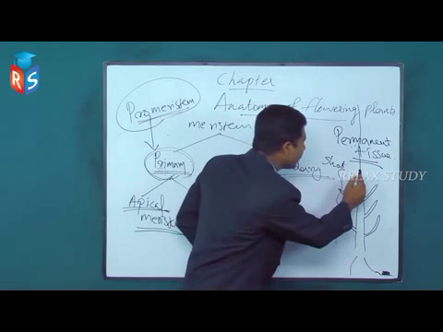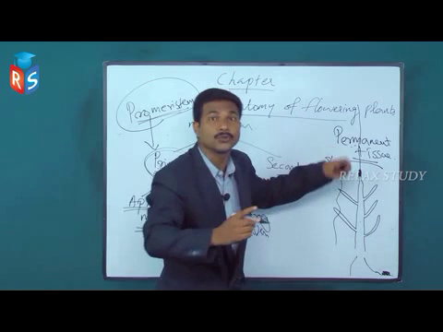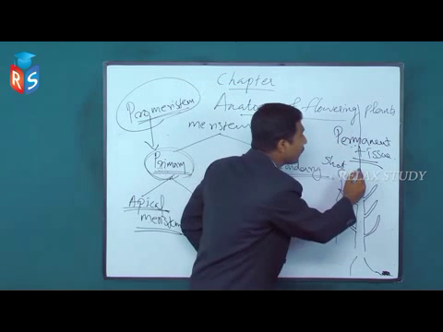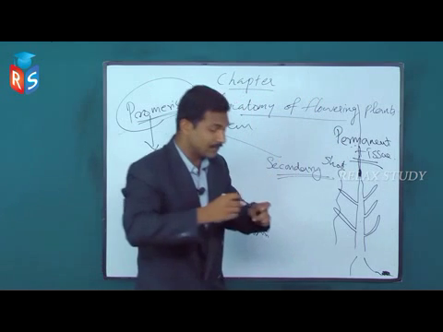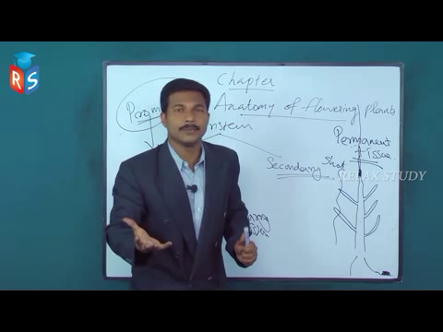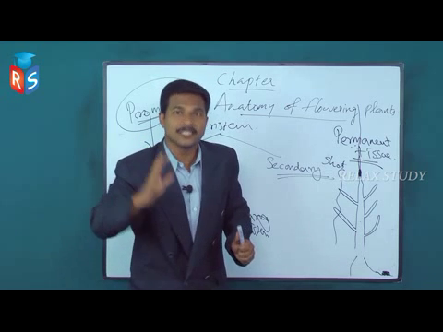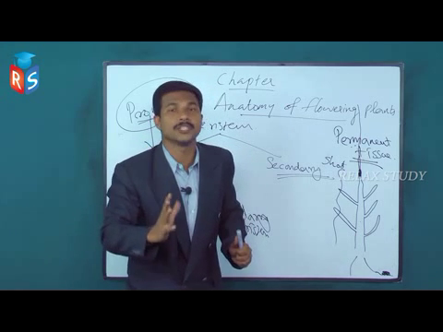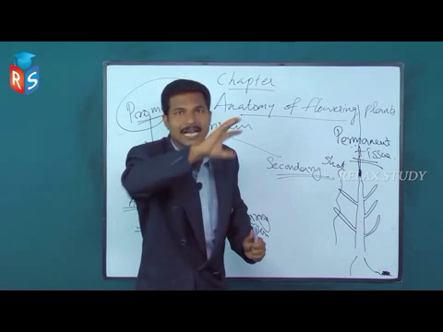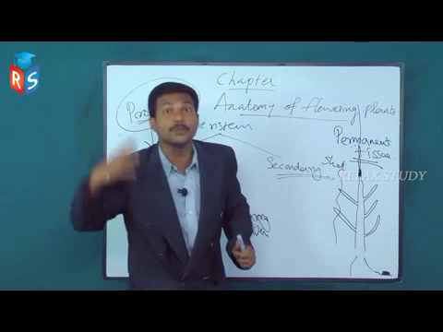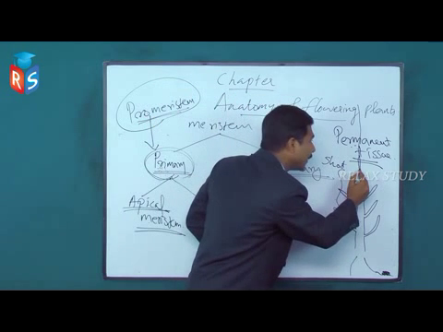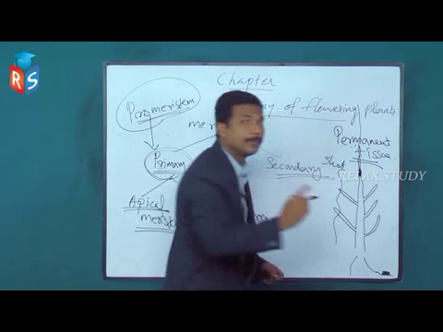Whenever these cells are actively dividing and producing more and more cells, at that time the stem part will elongate, and some of these cells will retain their division capacity. That means they will remain meristem, the same type of meristem, and that meristem cell will again divide. Some more cells will be produced, and the cells which are going to differentiate are left below, and some cells present at the tip will keep the meristem property.